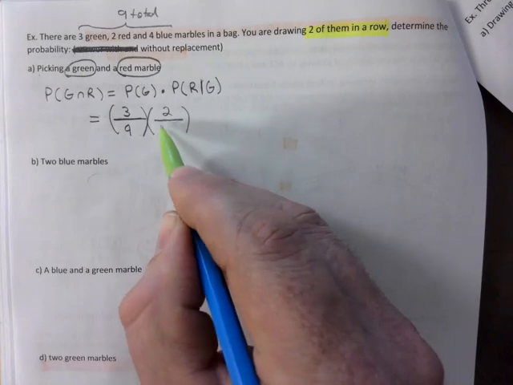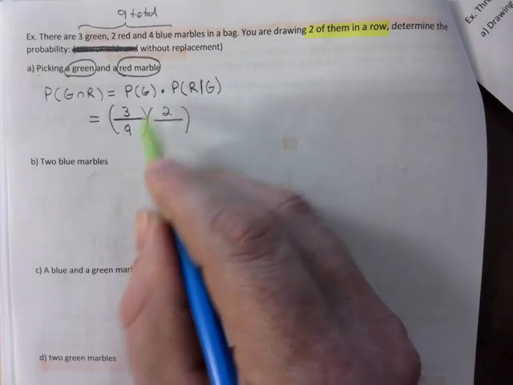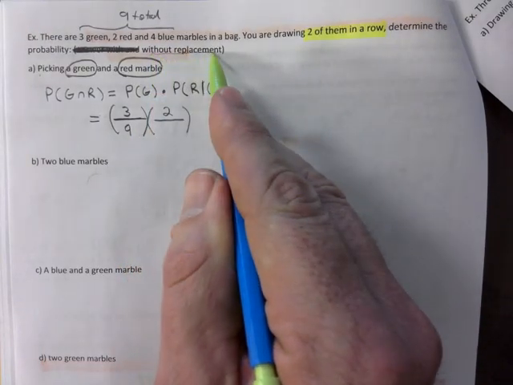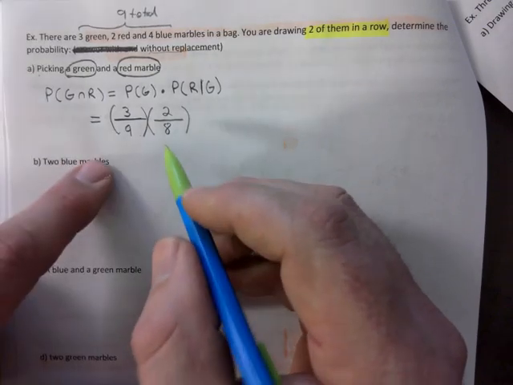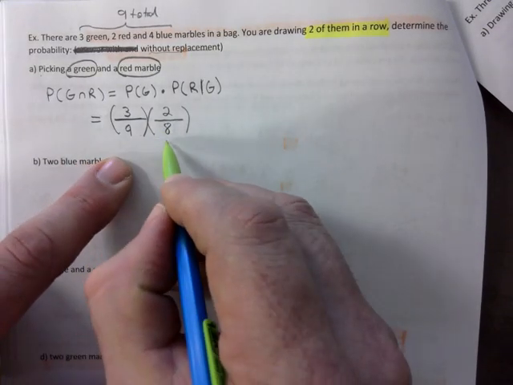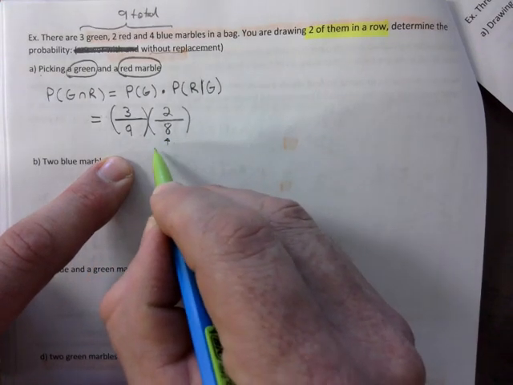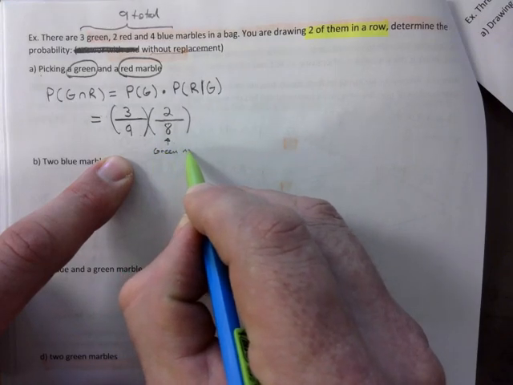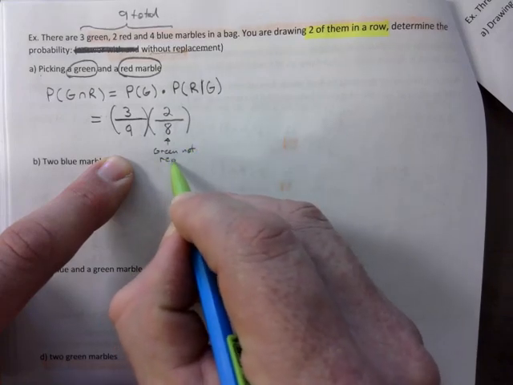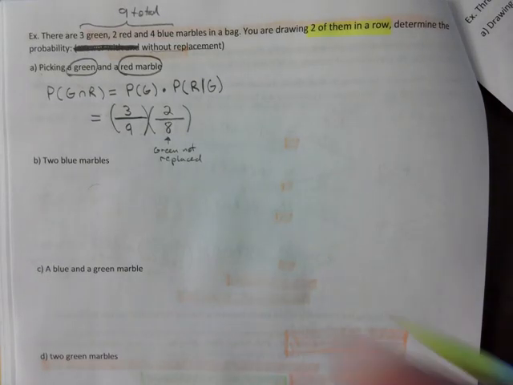But what goes down here? You used to have 9, but the green one has not been replaced, so we're down to 8.